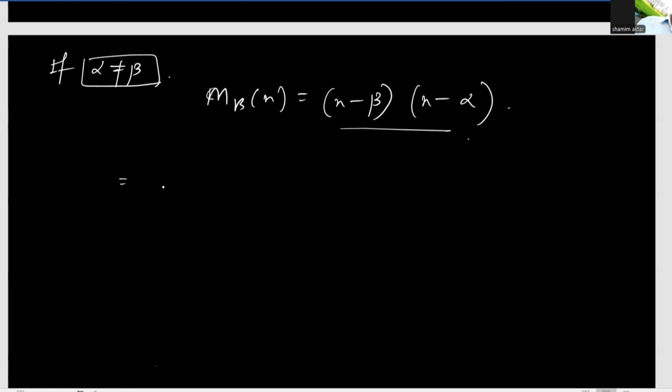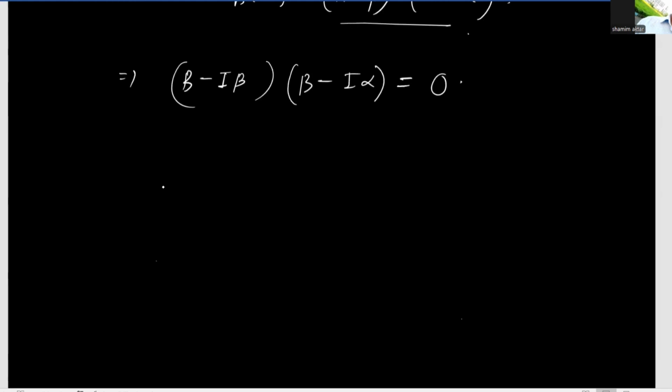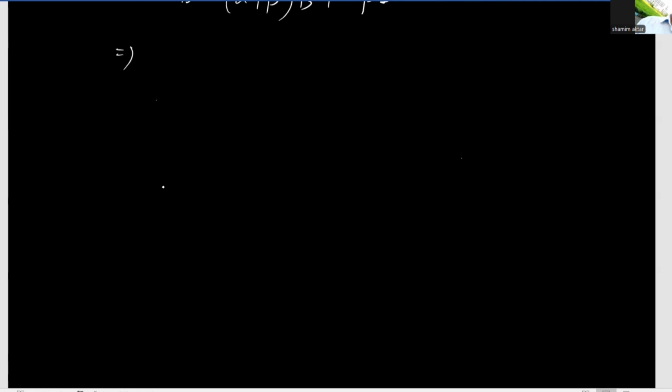Now this implies (B minus beta I) times (B minus alpha I) equals the 0 matrix, by the Cayley-Hamilton theorem. So we have B squared minus (alpha plus beta) B plus alpha beta I equal to 0.